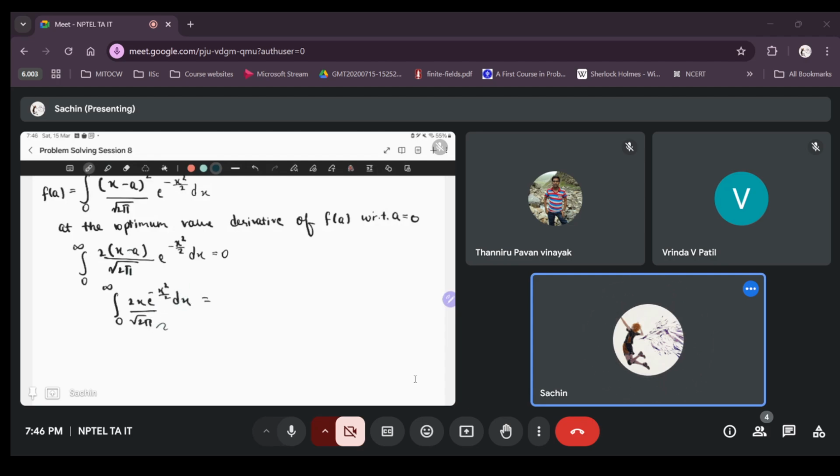I'll keep the root 2 pi because I need it in the next step. So this is equal to the integral from 0 to infinity of 2a by square root of 2 pi, e power minus x square over 2 dx, which is 2a times the integral from 0 to infinity.